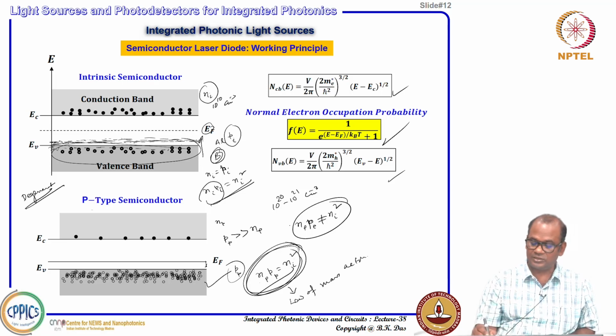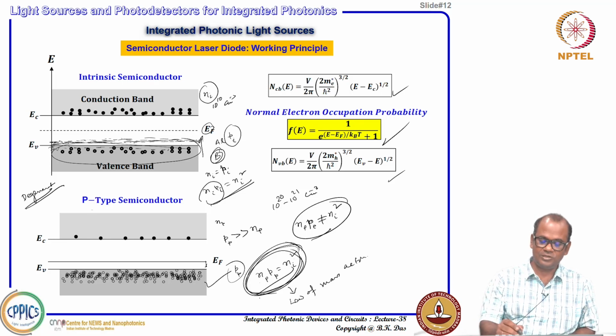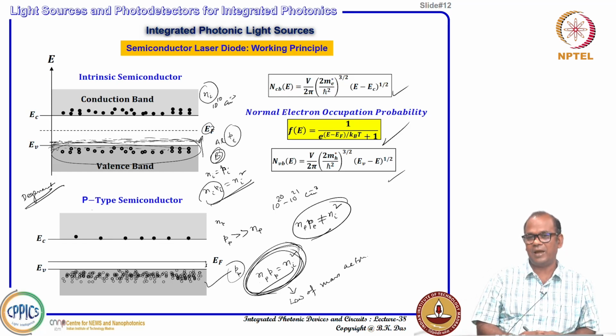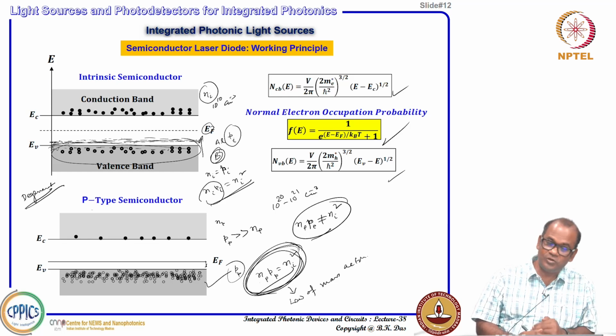In a degenerate semiconductor, this law of mass action is violated, because the defects modify your energy bands and create degenerate energy states within the band. That is why they are called degenerate semiconductors.